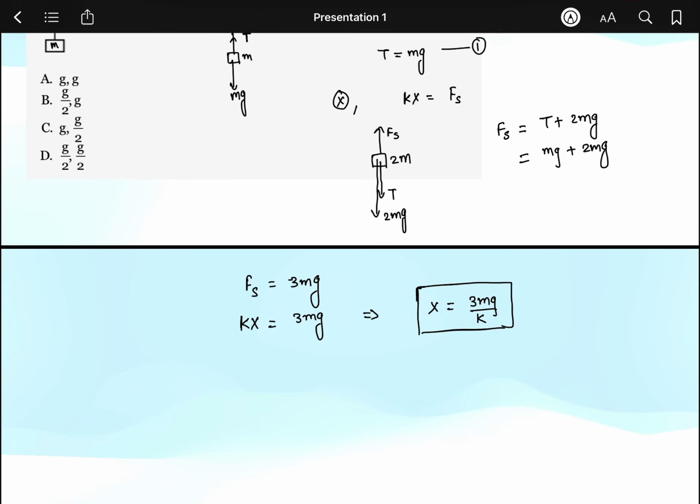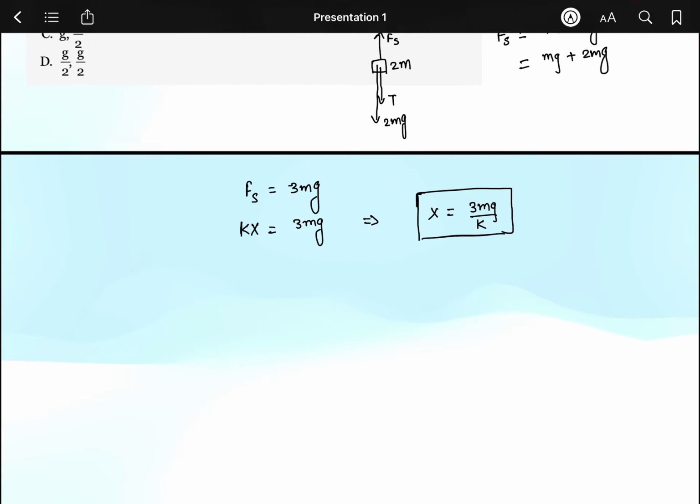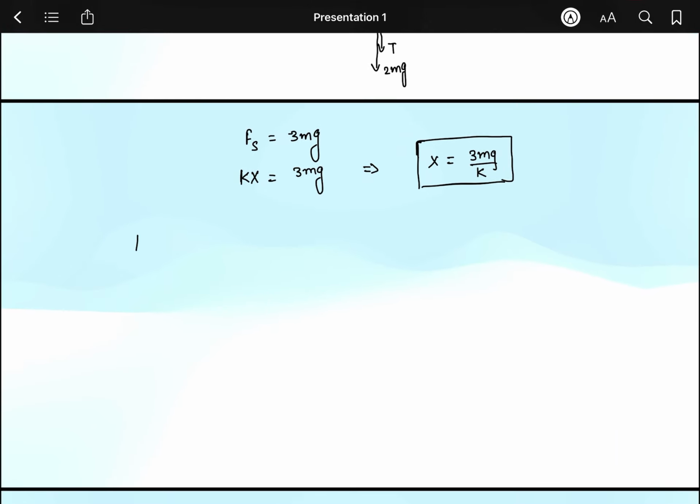Now what happens? We are cutting this string between these two masses 2m and m. So this 2m is connected with this spring now, and this m is being cut from the string. Since tension force becomes zero instantaneously, there will not be any tension force here.